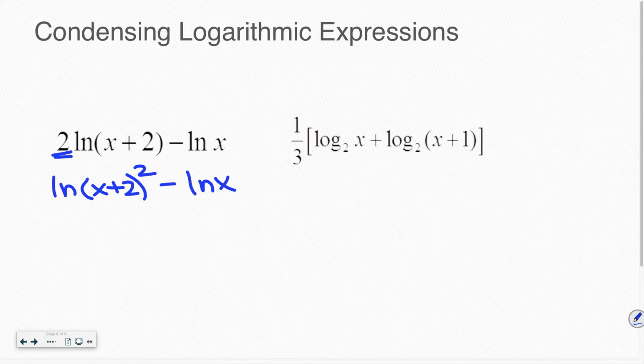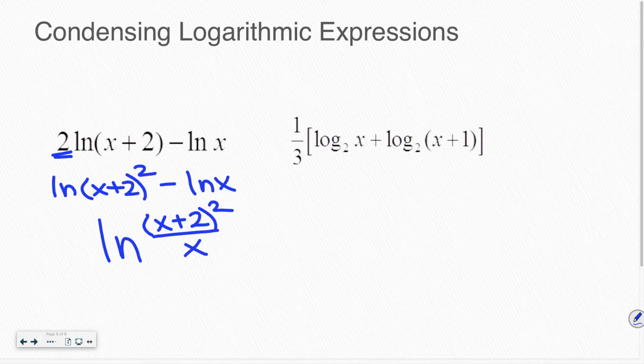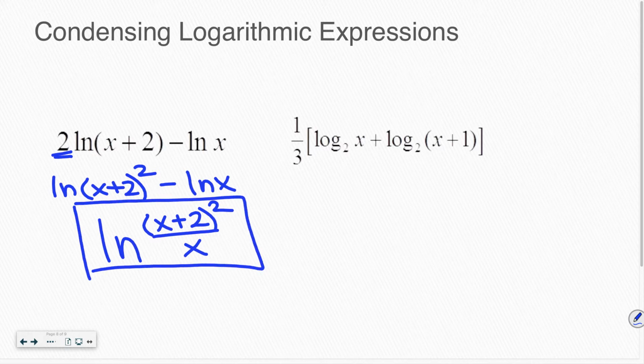And then we can recognize, all right, we have subtraction, which means inside of our one logarithm, we are going to divide. Do not FOIL that out. Do not try to do anything. Just leave it as x plus 2 the quantity squared. That's all I need.